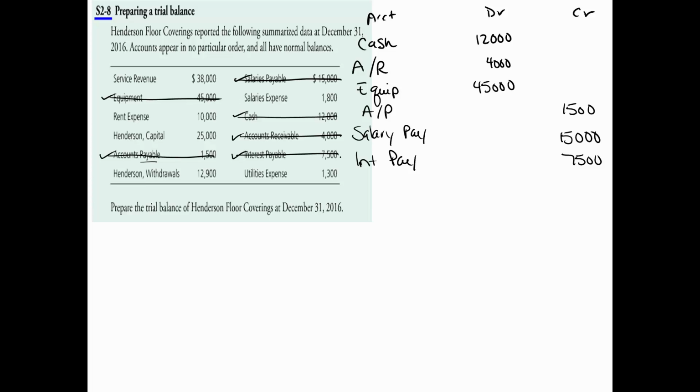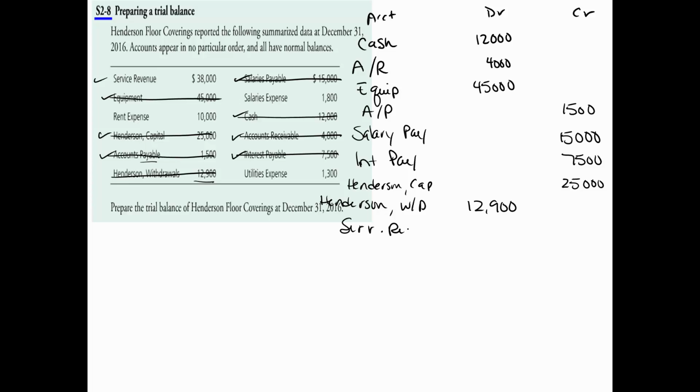So there's assets, liabilities. The next thing is capital, right? So you'd put Henderson capital. That's $25,000, and capital is always on the credit side. Then the withdrawals. So that'll be Henderson withdrawals, $12,900. That'll be on the debit side. The next is revenue, and I have a service revenue account.